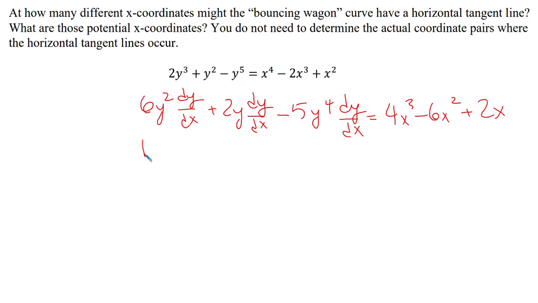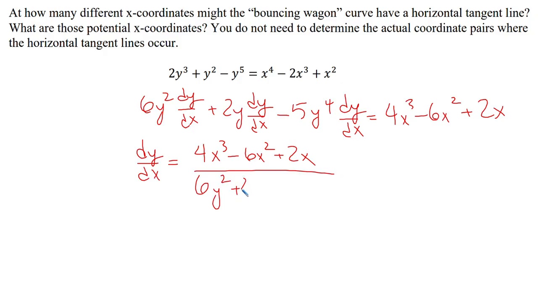Then the dy/dx on the left side can all be factored out, and we'll just divide by 6y squared plus 2y minus 5y to the fourth. So dy/dx will equal 4x cubed minus 6x squared plus 2x over that. Well, that derivative is equal to 0 when the numerator is equal to 0. So that'd be if 4x cubed minus 6x squared plus 2x equals 0.